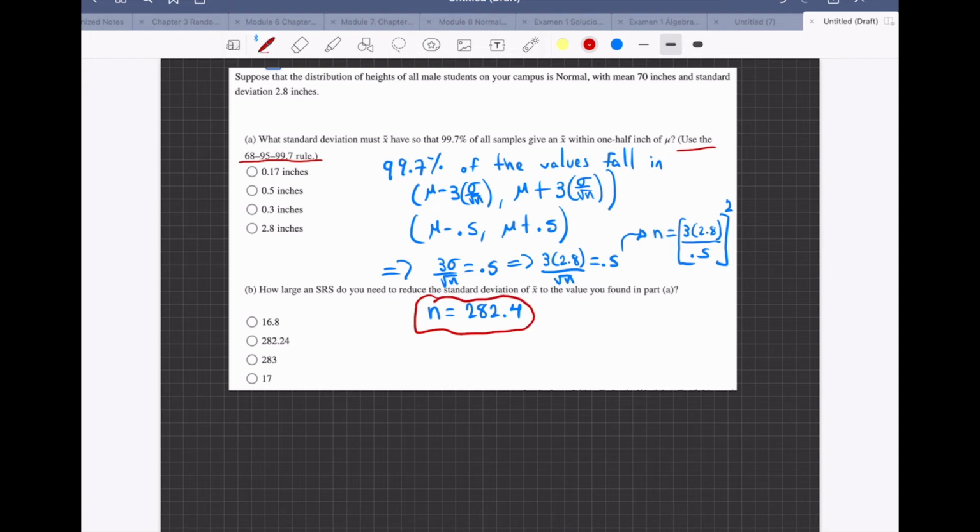But that is not the question, right? The question for part A is what is the standard deviation? So once you have n, now remember that the standard deviation of the sampling mean is sigma over square root of n. It's going to be sigma, that is 2.8, divided by the square root of 282.4.